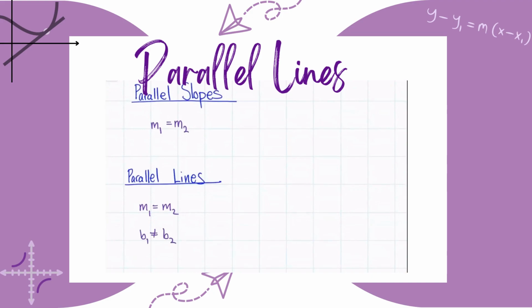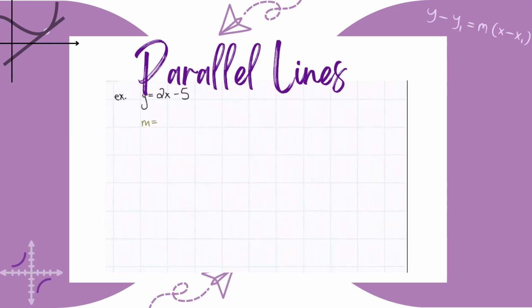No. So if I had y equals 2x minus 5, what is my slope? I don't know.